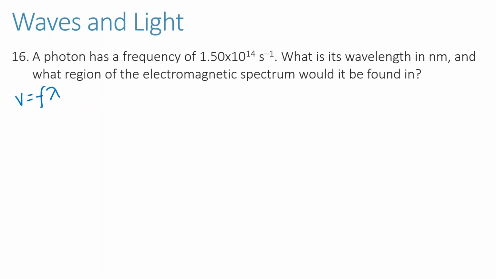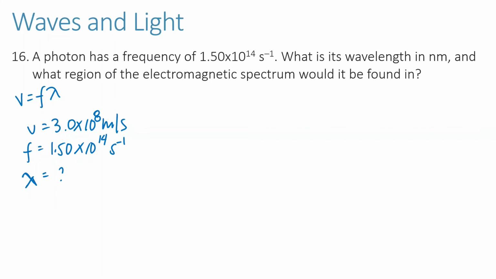So the velocity is equal to frequency times wavelength. So velocity is going to be 3.0 times 10 to the 8 meters per second, the speed of light. And frequency is 1.50 times 10 to the 14 hertz or per second. And we are solving for wavelength here.